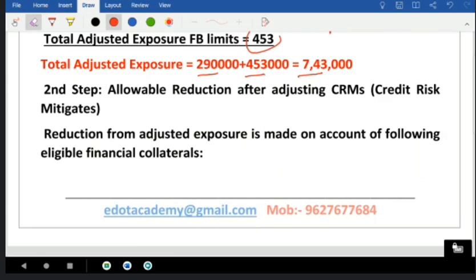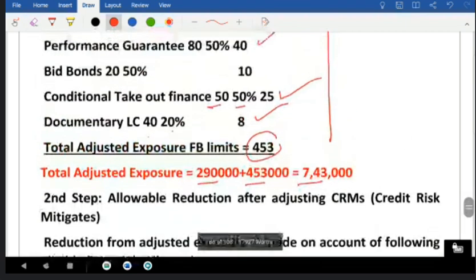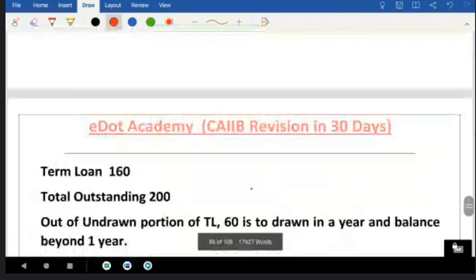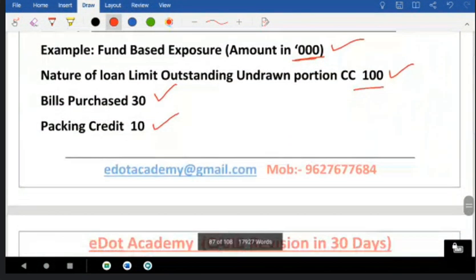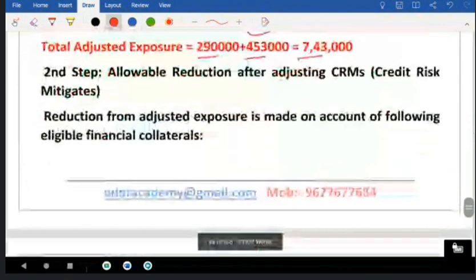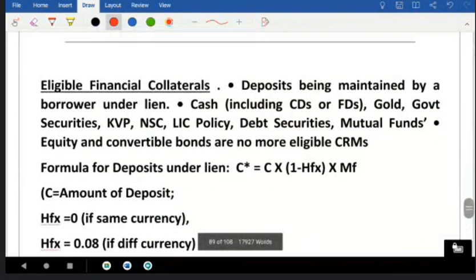Total adjusted exposure is 290 plus 453, which is 743. And 000 has come here. So you can see once again how we have done the calculation. First we calculated fund based, then non-fund based, and the total is 743.